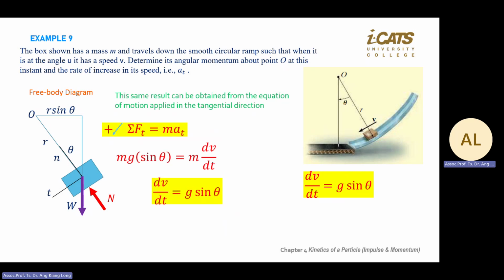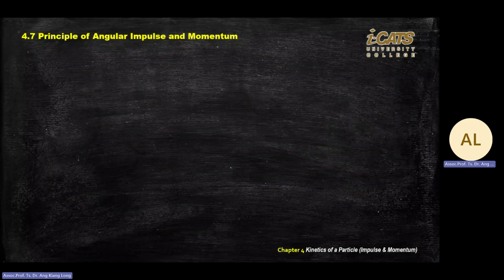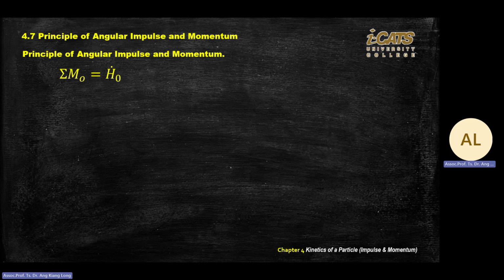Now we go into the principle idea: the principle of angular impulse and momentum. Here you equate the two terms. You just learned moment, and the right-hand side is the H dot, the time differential of your angular momentum. So how do we write it in impulse terms? What is impulse?